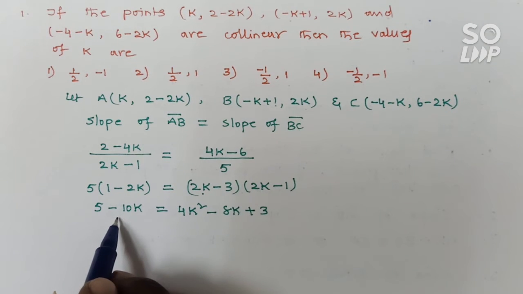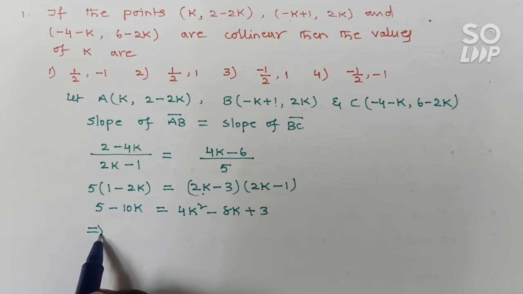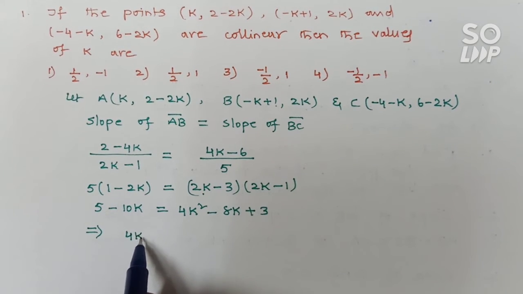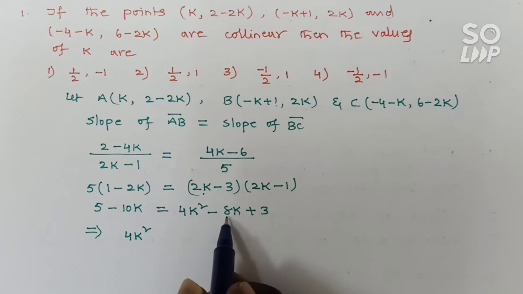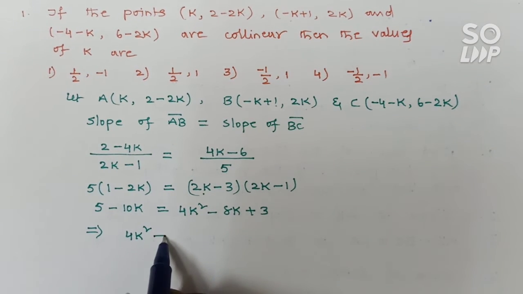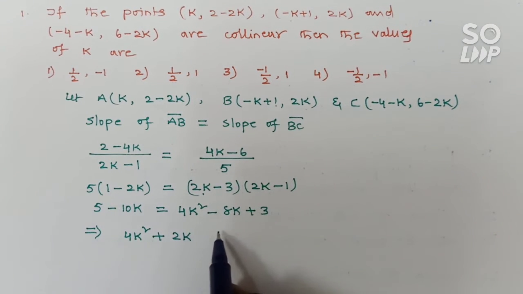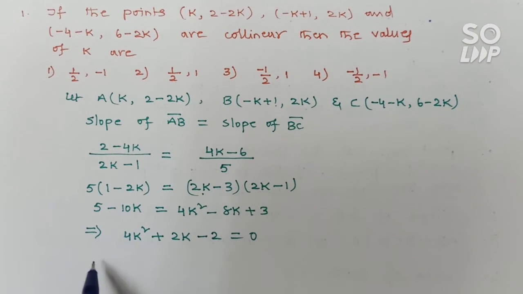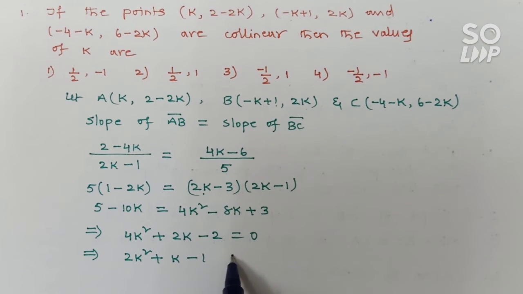Now take all the left hand side terms to the right side. We get 4k square minus 10k, which goes to the right side as plus 10k; 10k minus 8k is plus 2k. And 5 goes to the right side: 3 minus 5 is minus 2, equals 0. Dividing by 2, we get 2k square plus k minus 1 equals 0.